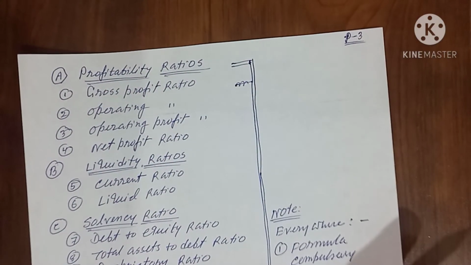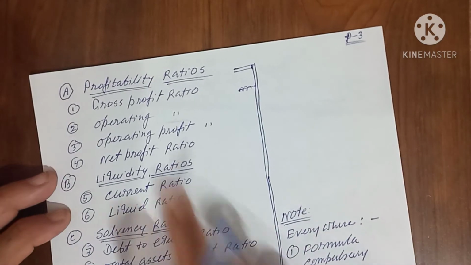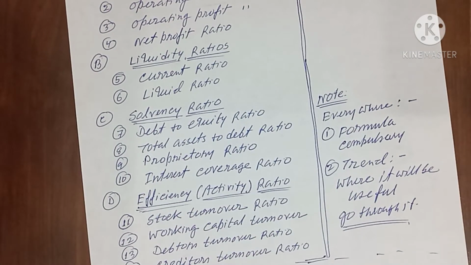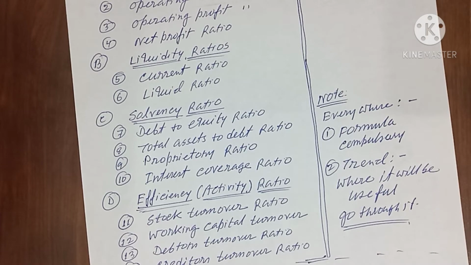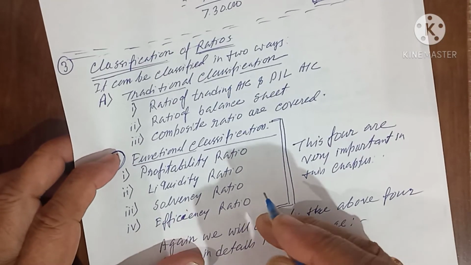This is the next page, profitability ratio. How many ratios did I tell? 4. One is the profitability ratio, second is the liquidity ratio, third is the solvency ratio, and fourth is the efficiency ratio. Here you see how many ratio formulas you have to learn.